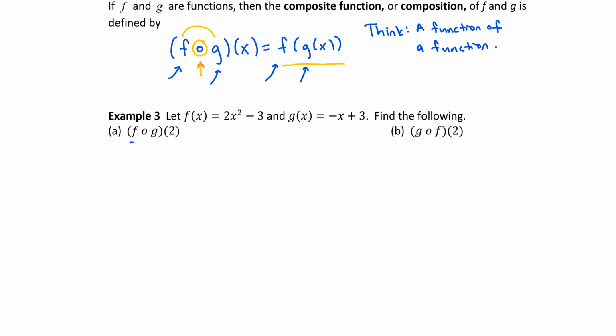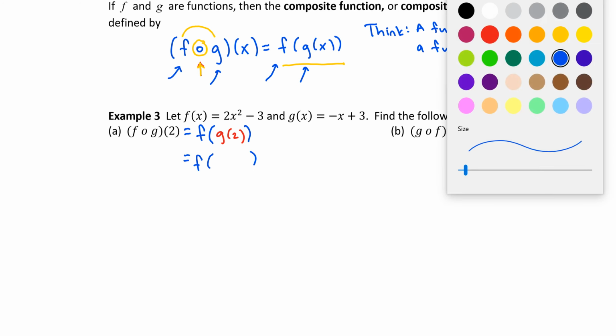What that means is we're going to evaluate f of g of 2, with g of 2 on the inside. So we have two successive functions to evaluate, and we're going to start on the inside. On the inside, we're going to evaluate g of 2.